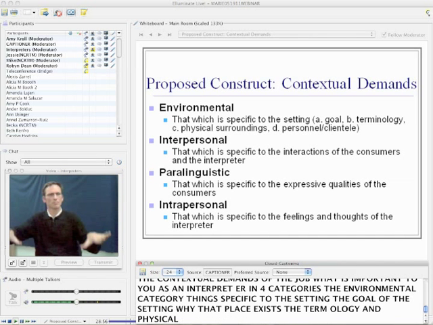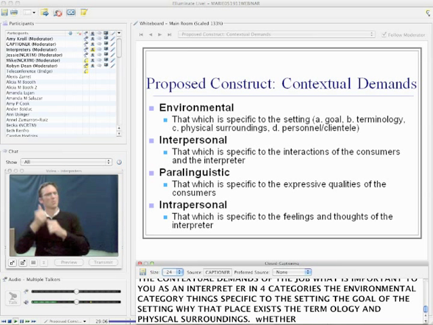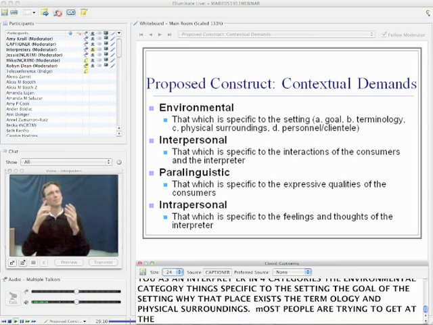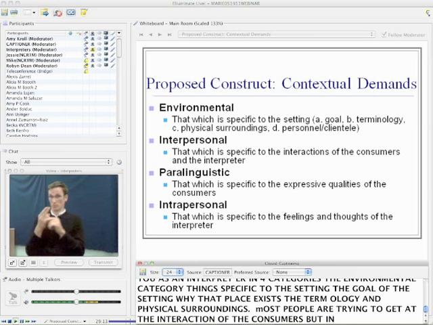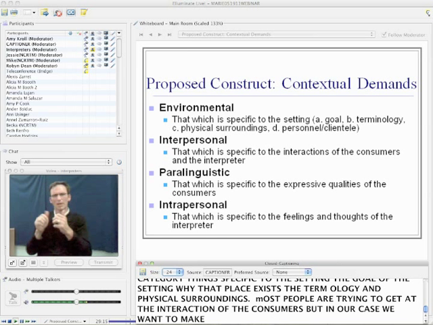The interpersonal demand category, which is probably the largest and the most profound, and probably where you would find the majority of other scholarship within the field of interpreting, whether it's sign language or spoken languages, that most people are trying to get at the interaction of the consumers. But in our case, we want to make sure that we emphasize the interaction of the interpreter as well, that those things matter.